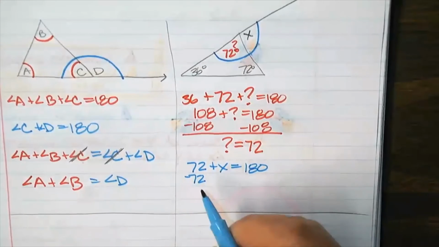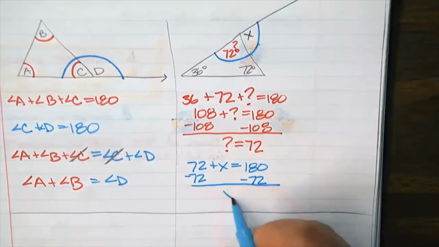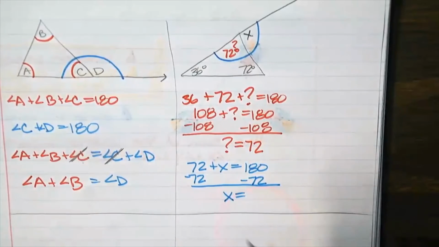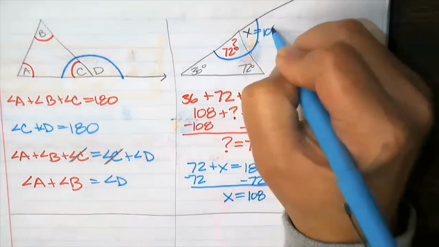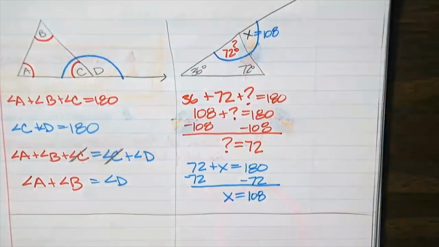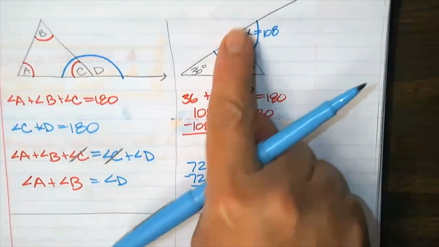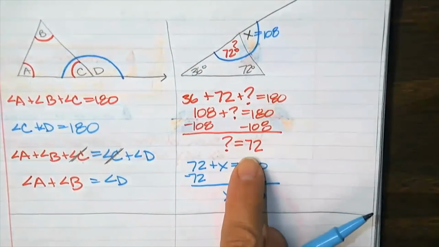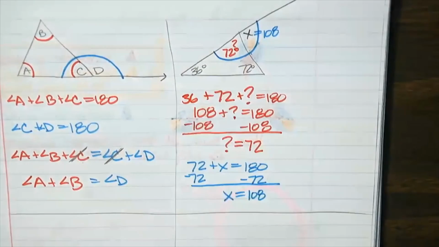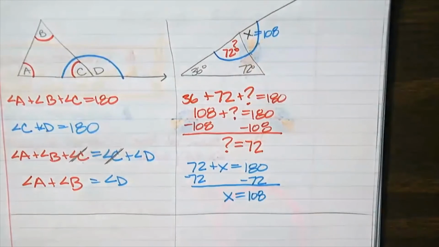Okay. Basic algebra, I'm going to subtract 72. What I do to one side, I must do to the other. X equals 108. So 36, 72, 72, my interior angles equal 180 degrees. That's how we figured out our missing angle. Then we used supplementary angles to figure out the value of X.